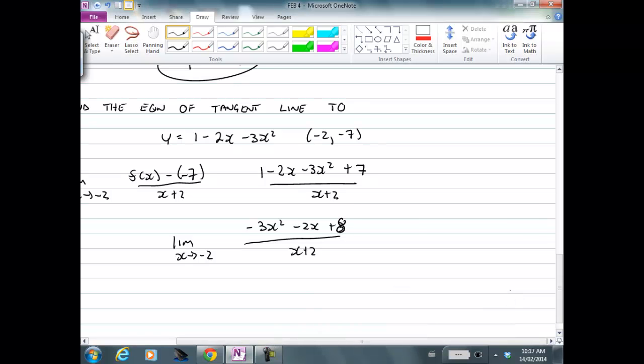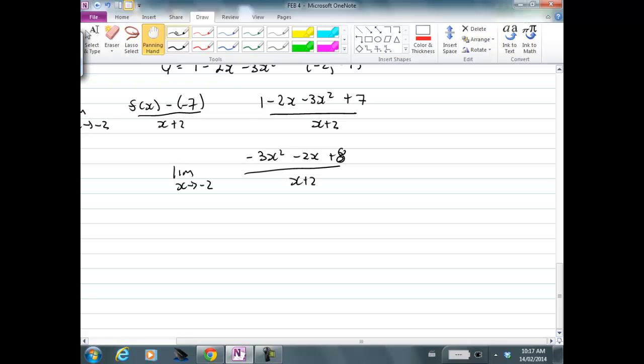So to save time, I'm going to quickly factor this. That should give you x minus 6, x plus 4. I'm going to divide this by -3, -3.